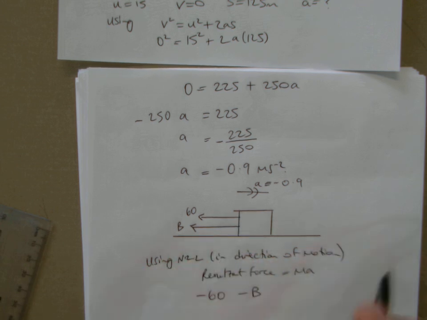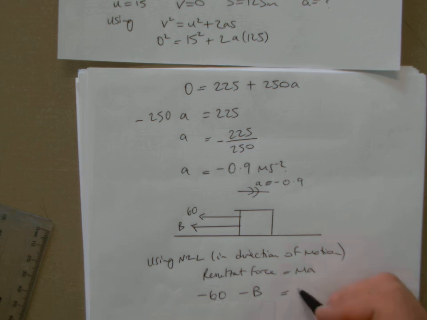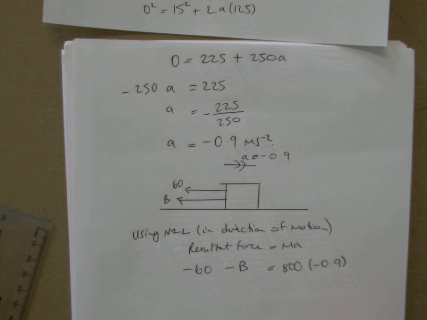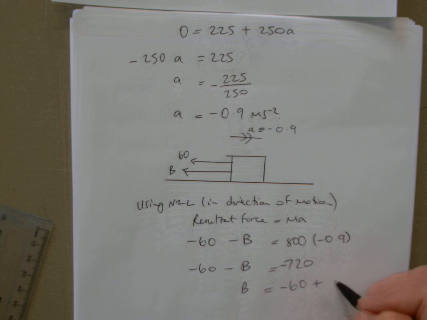So you've got these resistive forces due to the resistance and the braking equal to the mass, which is 800, times the acceleration, which is minus 0.9. Because it's decelerating. If we work that out, we get minus 720. So then B will be minus 60 plus 720, which is 660 newtons.